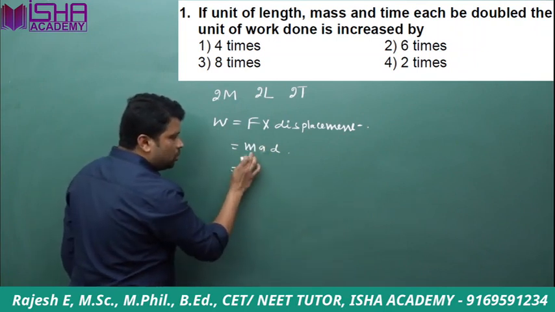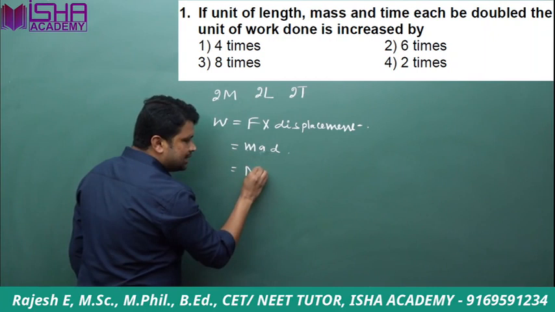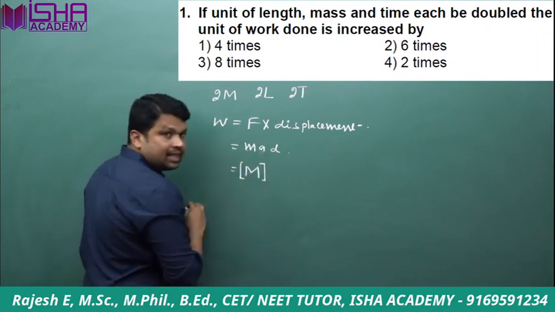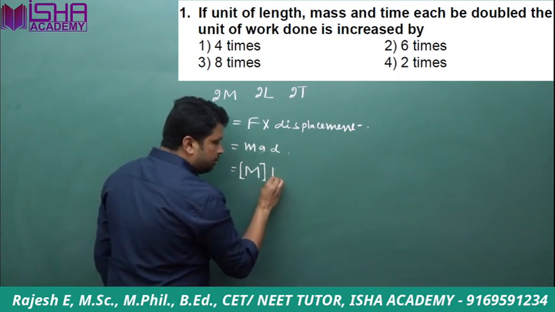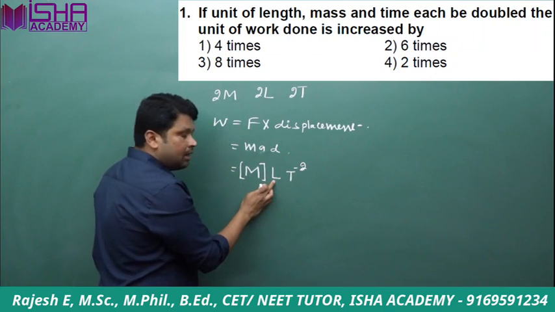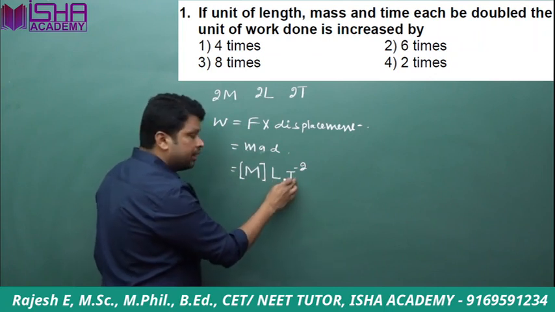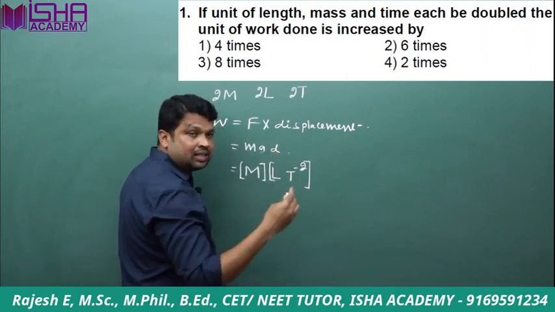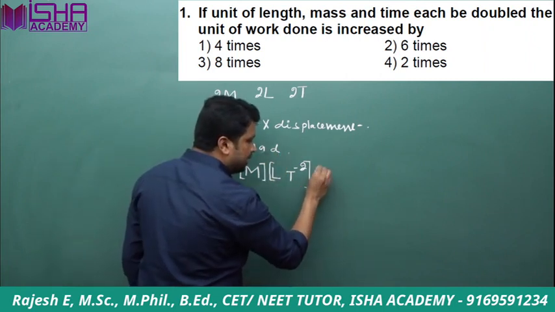So m is the dimension of mass, a is acceleration, that is meter per second square, and the meter is represented by L and the time is represented by t. So this is meter per second square, and d is distance, and distance is length.